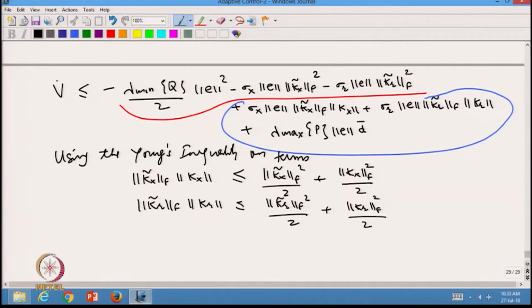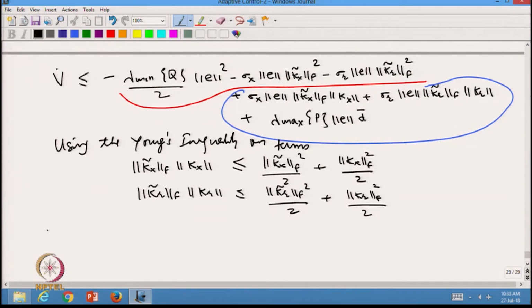Okay, so using these upper bounds, we can further upper bound V dot as minus lambda min square minus sigma x. So these are good terms.